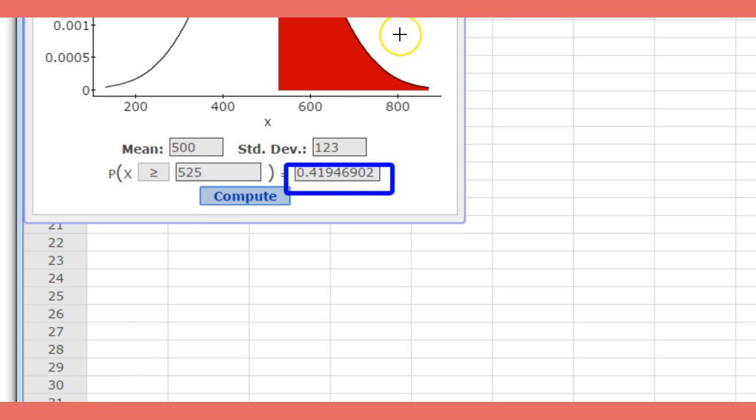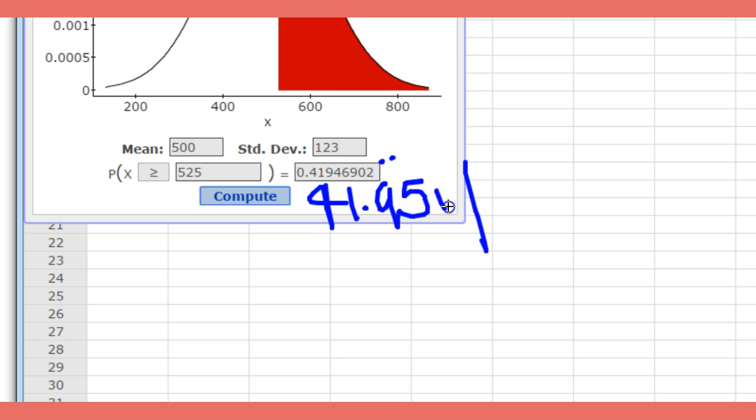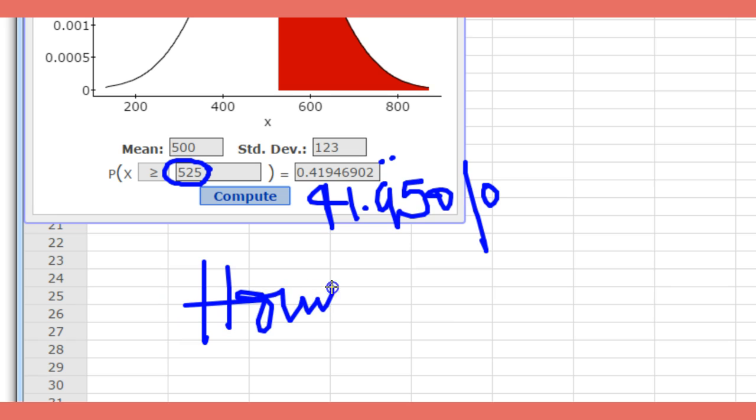So this 0.41 is the area under the curve. What I'm trying to say is this value just gives you the percentage. So I have 41.95, rounding off to 2 decimals, 41.95% getting the value greater than 525. Remember, they didn't ask you what percent, they asked you how many.